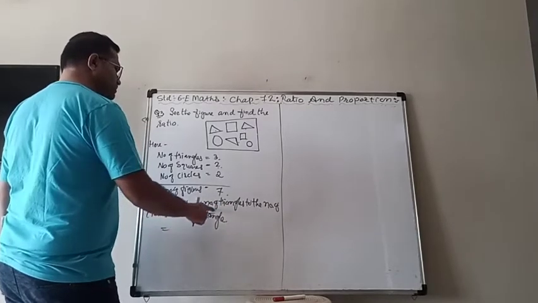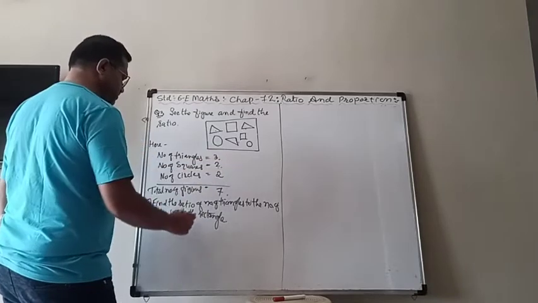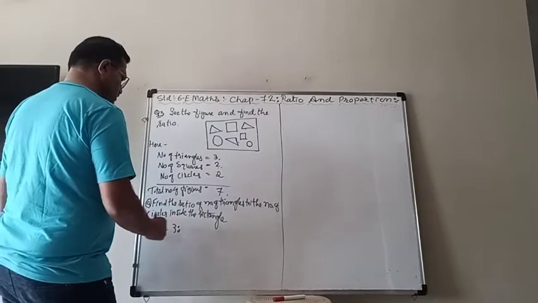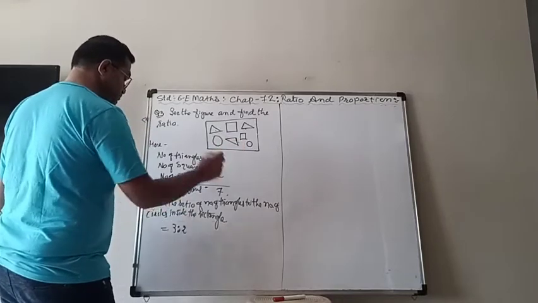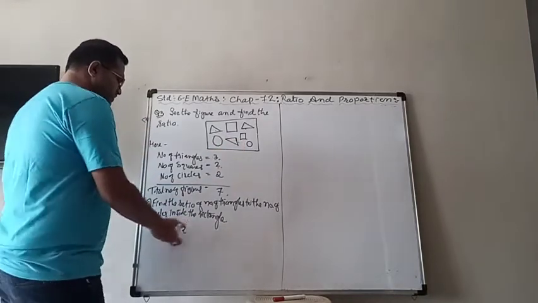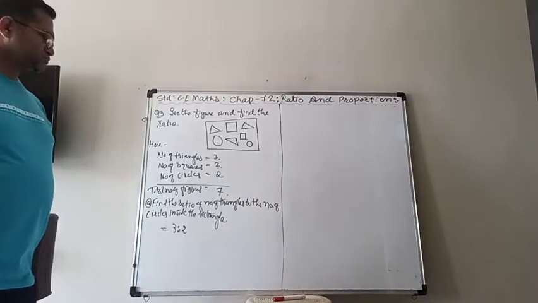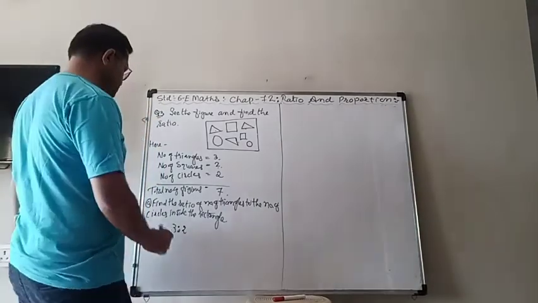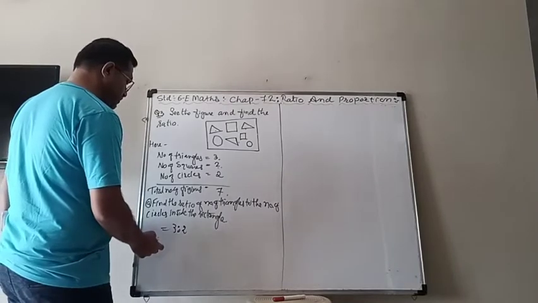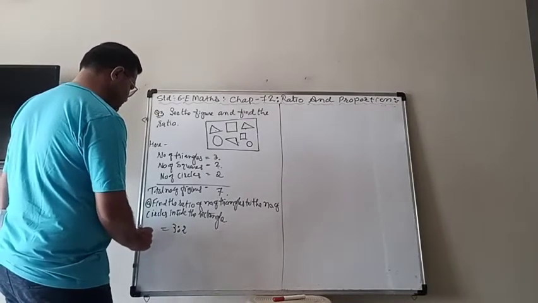So the number of triangles is 3 and the number of circles is 2. We can see that they are in the simplest form, so we need not simplify. That will be the answer.